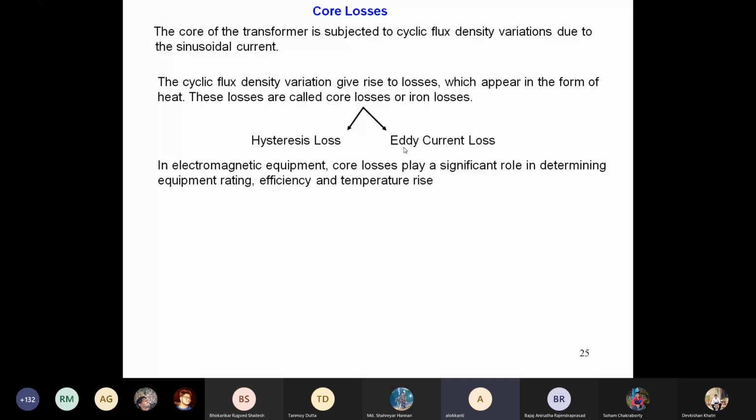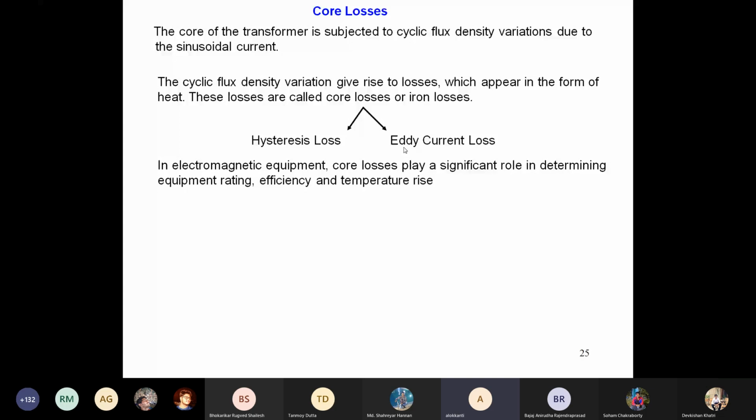Similarly, in any electromagnetic equipment there will be temperature rise. Apart from the I square R loss, there are losses known as the core losses that take place inside the iron, and these will determine the equipment efficiency and rating.